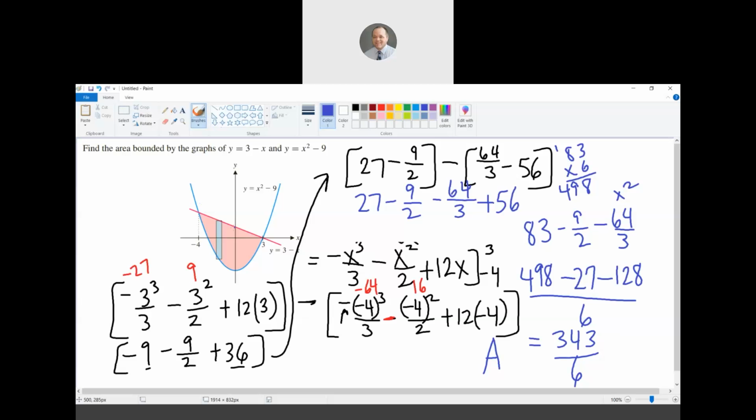Now, this was a situation where you had top curve minus bottom curve. But what if, instead of y equal to some x term, you had x equal to some y term, and you had to find the area between the two curves?